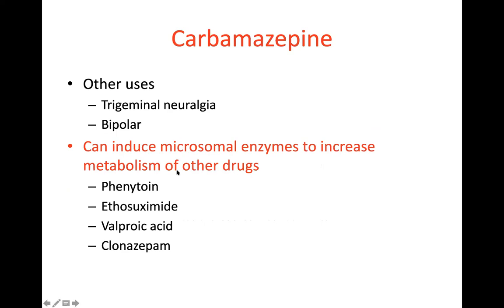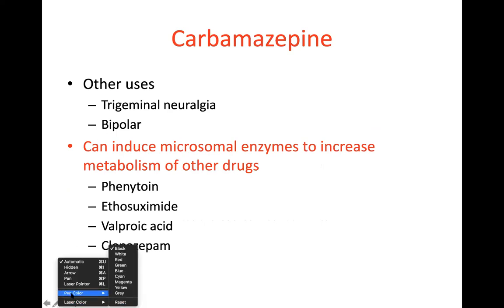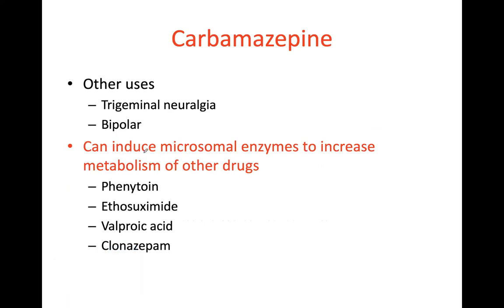But just like I mentioned earlier, this is another big thing that you want to be aware of: it can induce the microsomal enzymes and increase the metabolism of other drugs. Notice we've got phenytoin. We're going to mention ethosuximide very quickly. Valproic acid will be another drug that you might prescribe for schizophrenia or mood disorder. And clonazepam, several of you will be prescribing clonazepam. So in particular, notice that this one induces the metabolism.